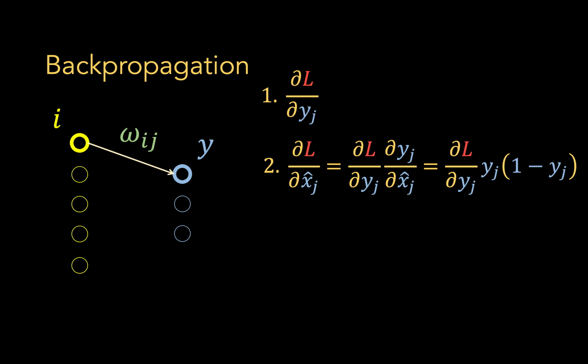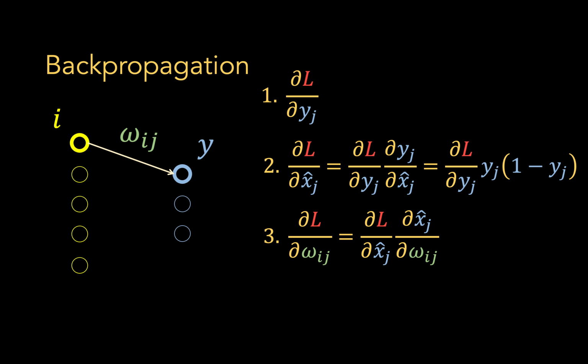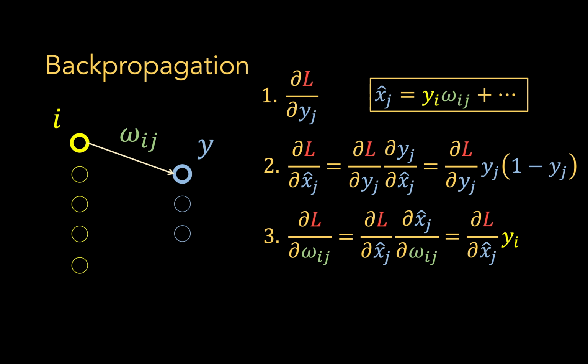In this case, differentiating with respect to x̂_j is straightforward, and it gives us this expression here. So now the next step is to calculate dL over dω_ij, which is what we want. And again, this can be done using the chain rule. In this expression, dx̂_j over dω_ij simply evaluates to y_i, since the contribution of ω_ij to x̂_j is scaled by y_i.